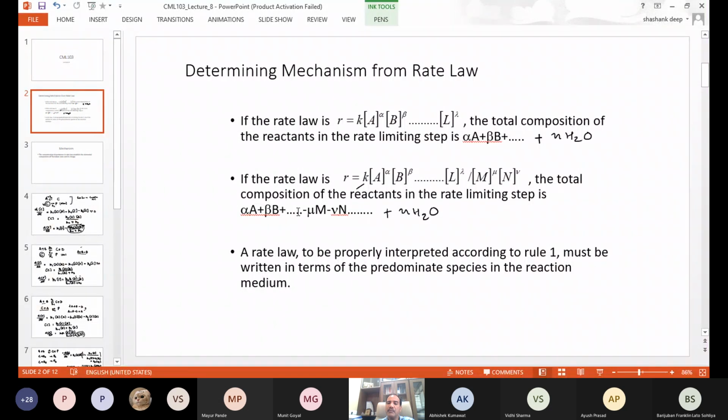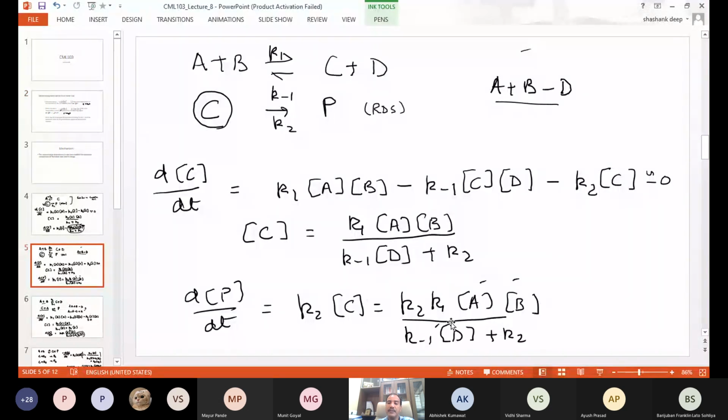Alpha A plus beta B plus dot dot dot minus mu M minus nu N plus, if there is no water, then you can just neglect it. Okay. And now see, in our case, which we proved, alpha was 1, beta was 1, and mu is 1. Am I right? In that case, what we got is this thing.